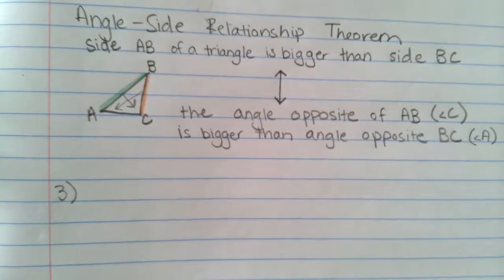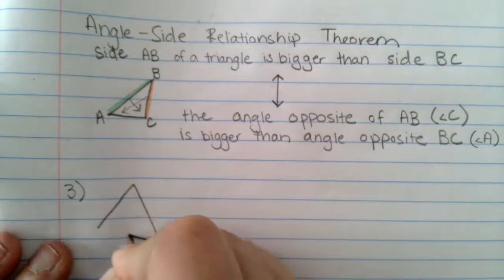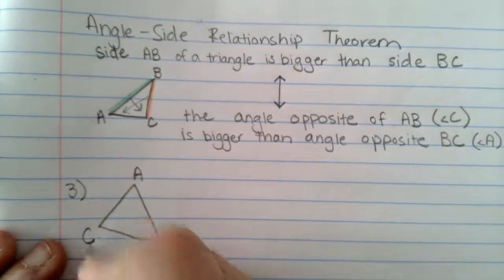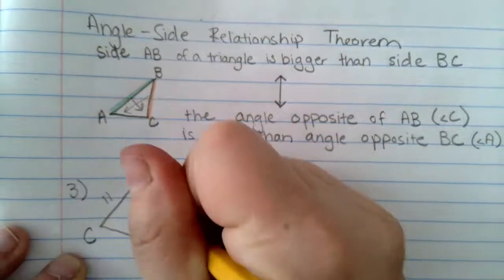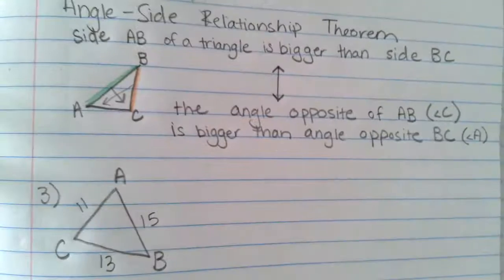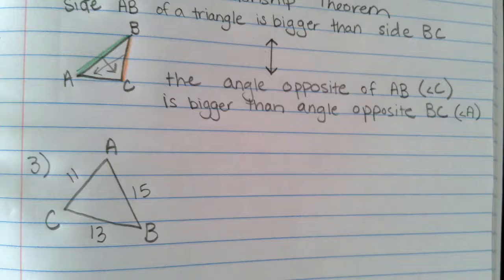Okay, so if I draw a triangle ABC, and I have those side lengths 11, 15, and 13. Can I compare those numbers? 11, 13, and 15. Can I put them in order? Yeah. Let's go in order of least to greatest.